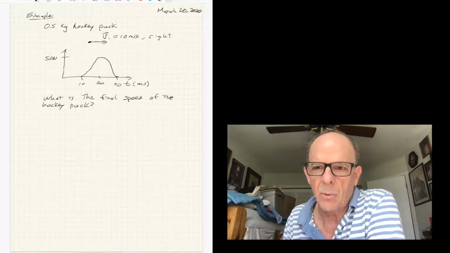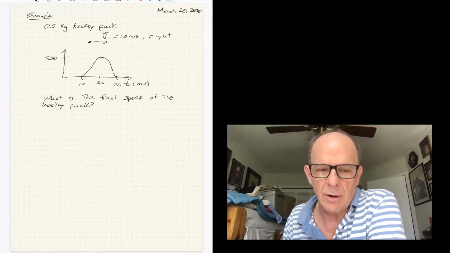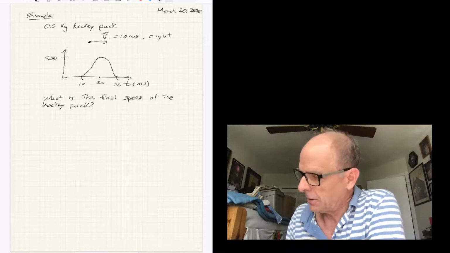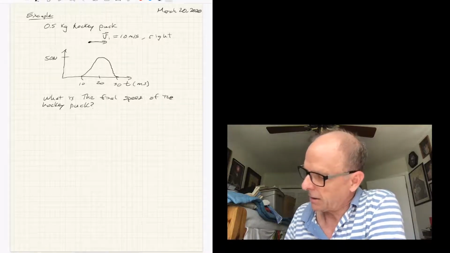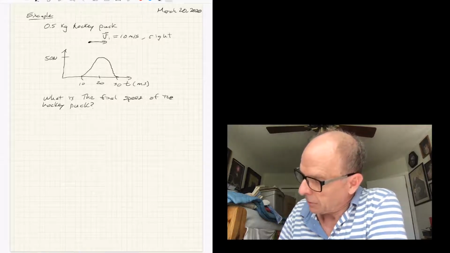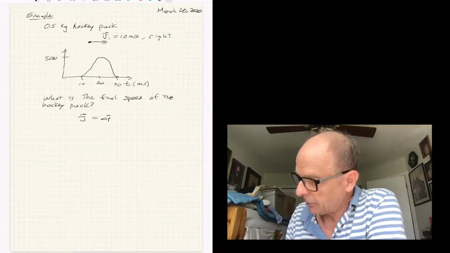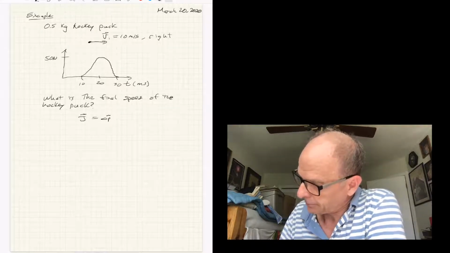We're given an initial velocity. We're told that there's a force exerted over it on some period of time, and we're asked the final speed of the hockey puck. So we can use the impulse momentum theorem that the impulse applied to the hockey puck is equal to the change in momentum.